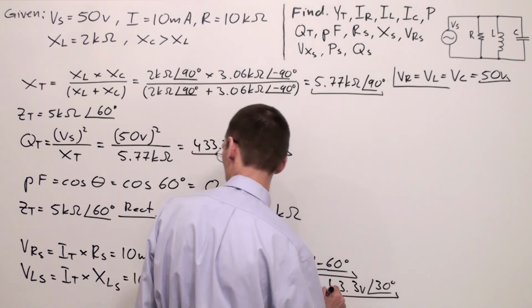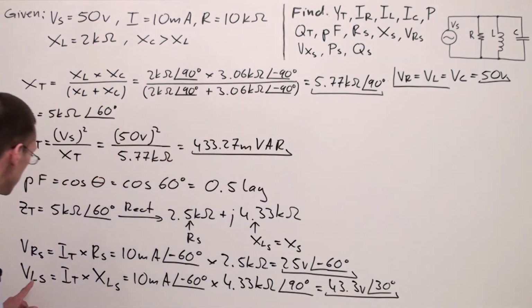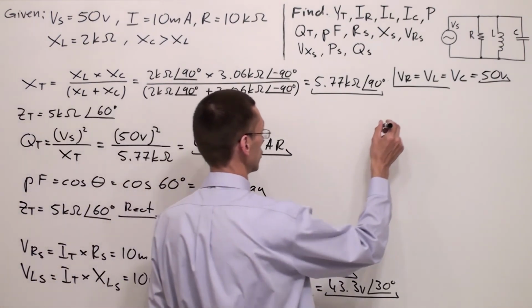So this is the voltage across the inductor in my series equivalent circuit. Let me just remind you that the circuit looks like this.